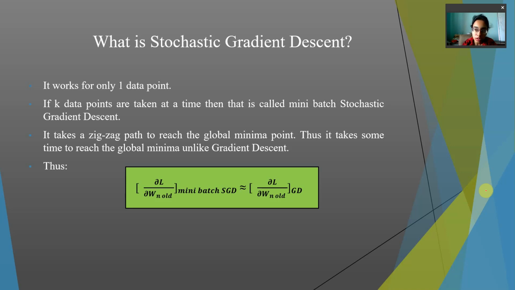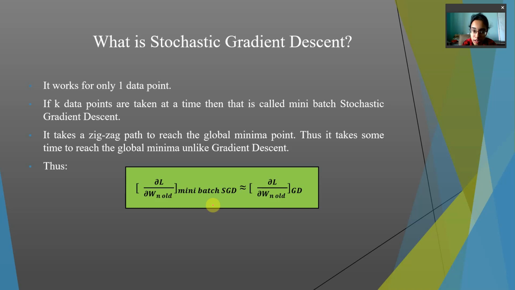In that case we are considering a batch of records, and so it is called mini batch stochastic gradient descent. If k data points are considered, k can be any value, but k should be less than the total number of data records in our data set. So this is the difference between stochastic gradient descent and mini batch stochastic gradient descent.